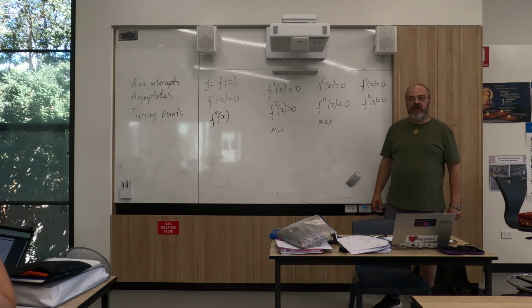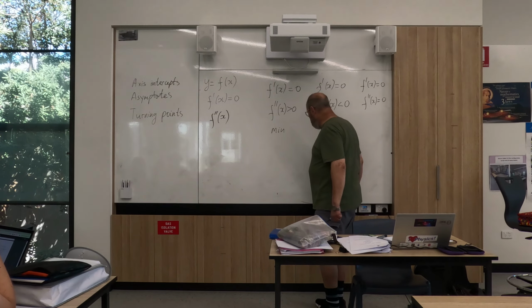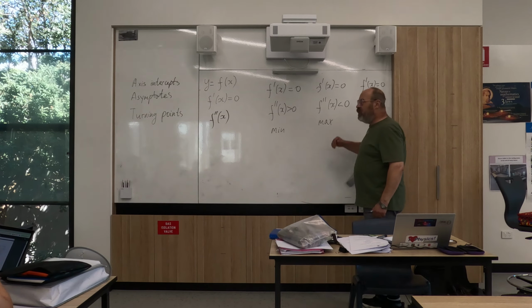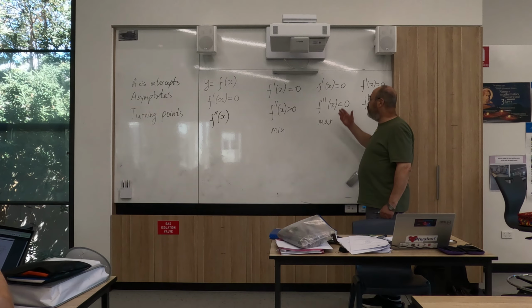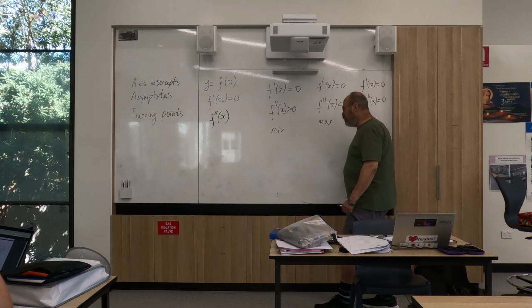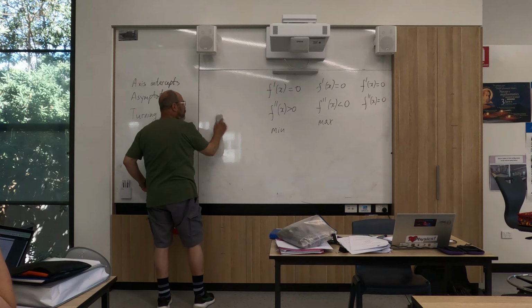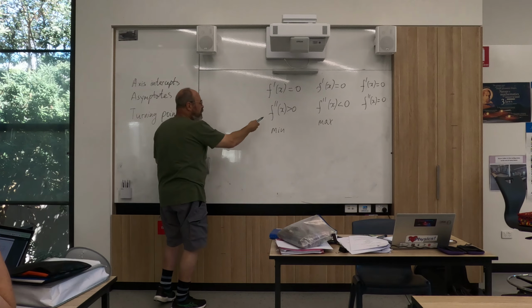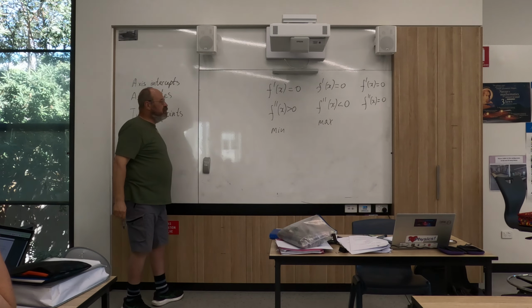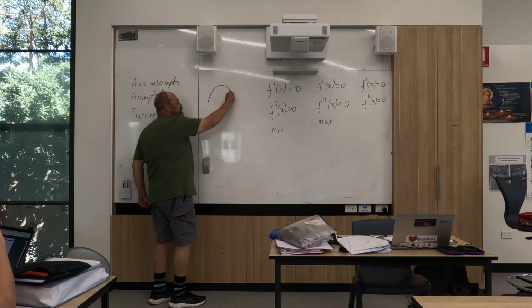But what does the second derivative actually mean for the graph? What does it mean when the first derivative does not equal 0 and the second derivative equals 0? For example, when we have a maximum, the second derivative is negative. So a maximum looks like this.